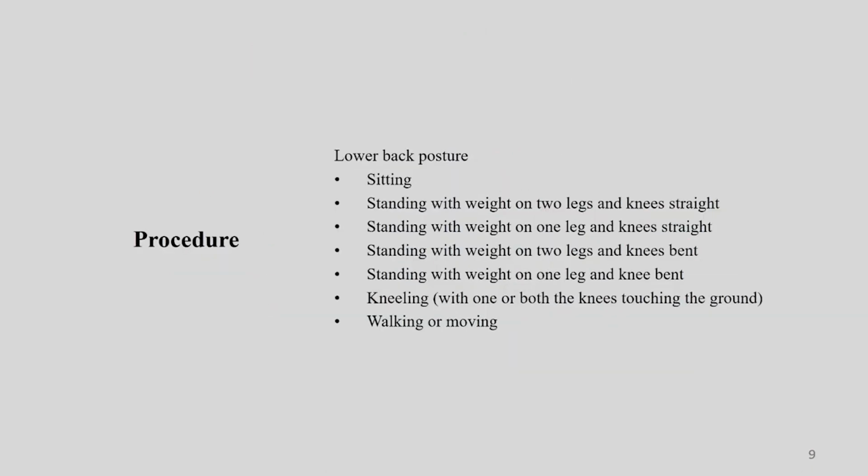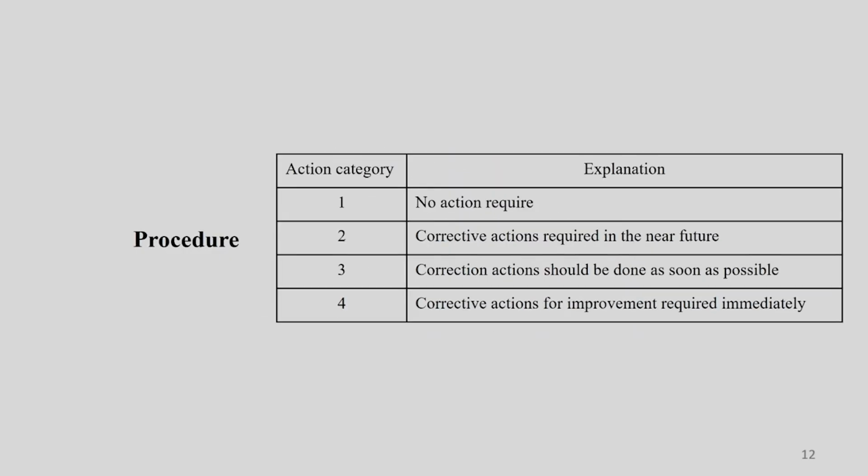Now let us go back to the table. This is your action category. What does it say? You are here. Now if the final score is 1, then no action is required to be performed. So you are in a good condition. There is no need to change any kind of posture.